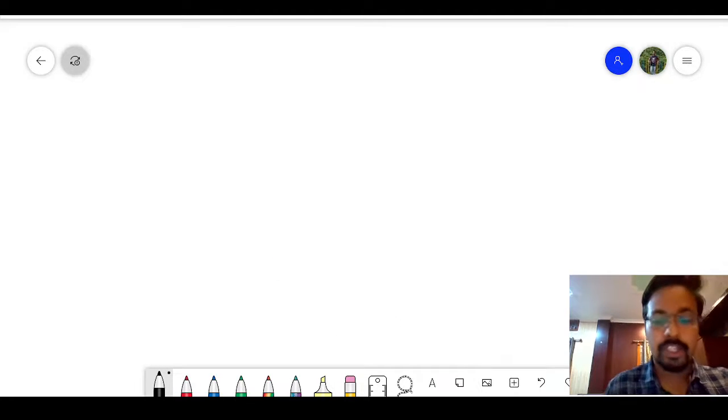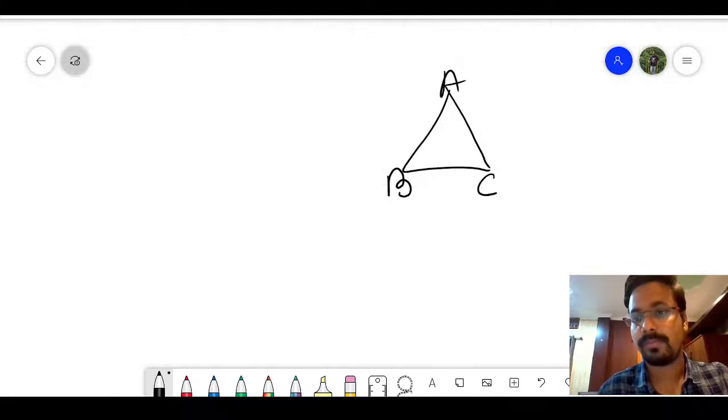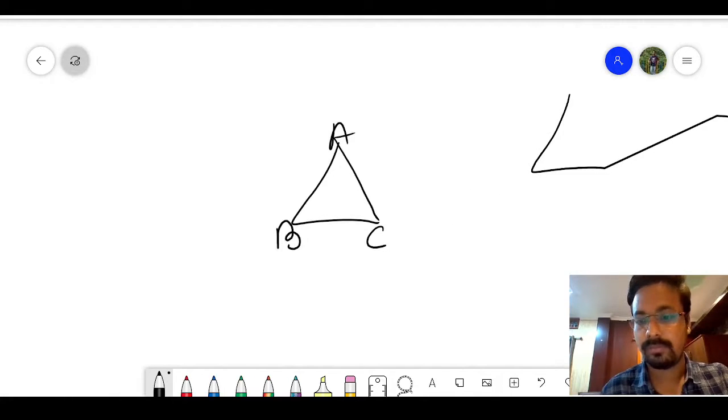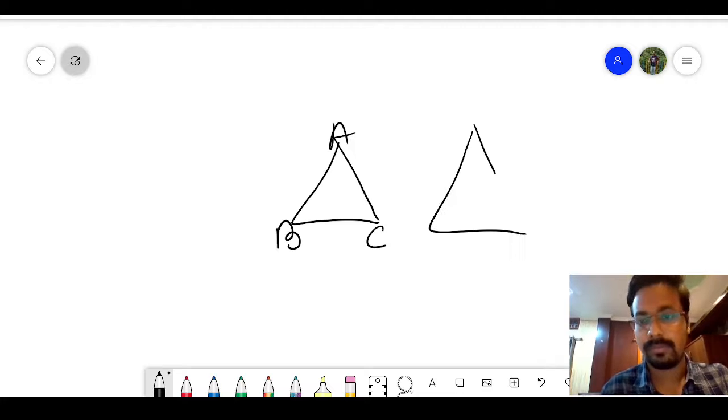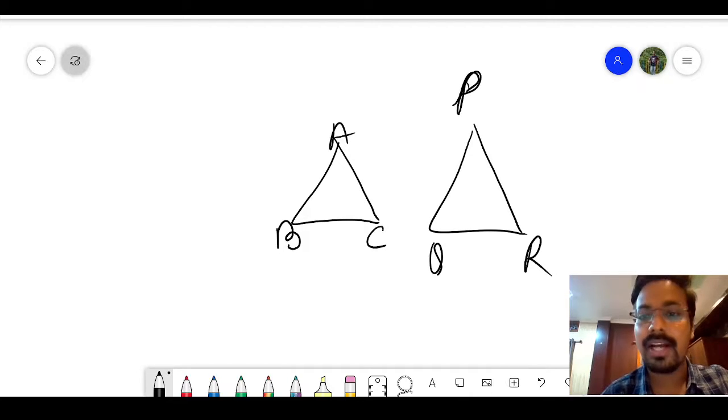So suppose we have two triangles, one is triangle ABC and the other is triangle PQR. We are saying that ABC and PQR are similar.